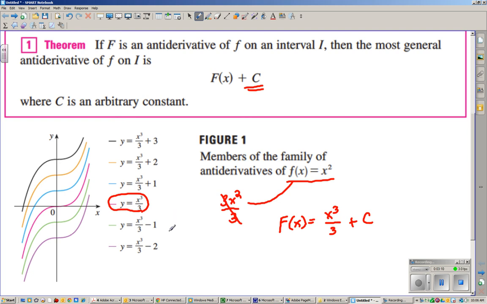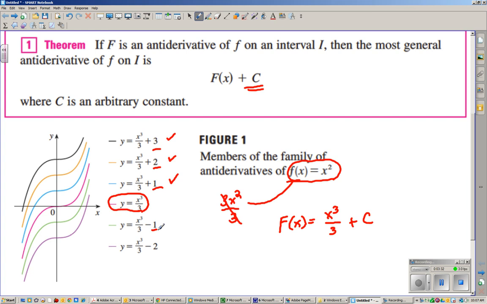Notice that these curves are all just stacked one over another. And if we take the derivative of any one of them, the derivative of the constant on the end is 0. And so in each and every case, when we take the derivative, we get x squared.